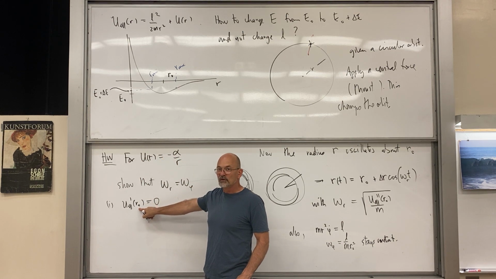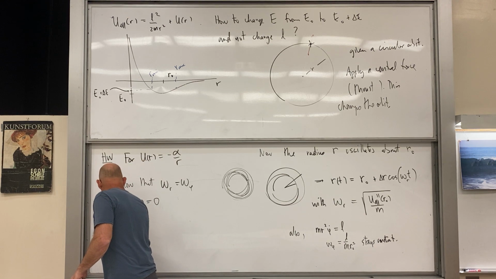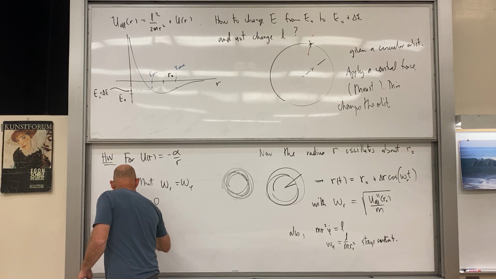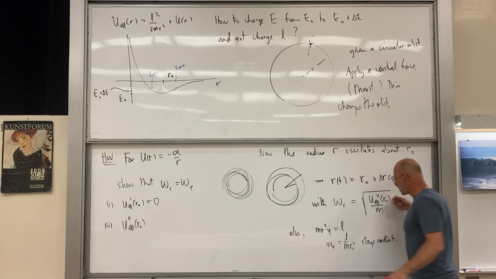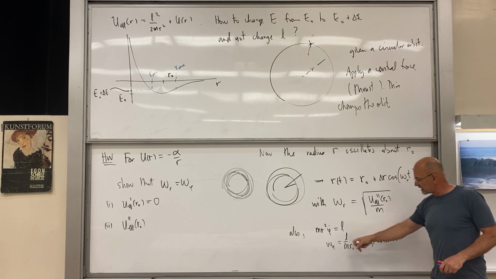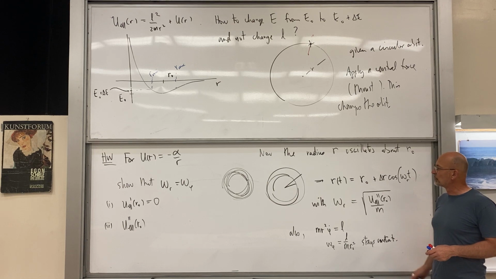That gives you your r0 criterion. And then the second thing, calculate u effective second derivative of r0. Construct this quantity, and make sure they're the same. And they will be.